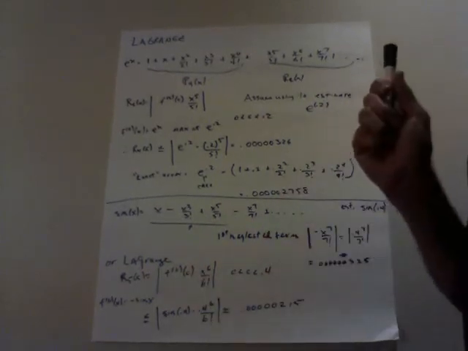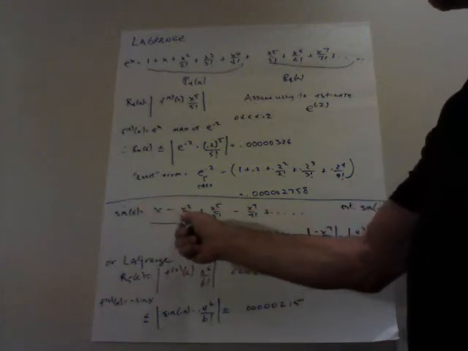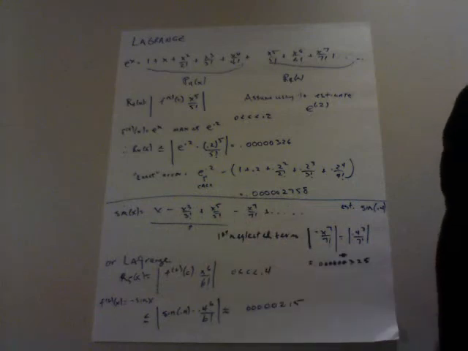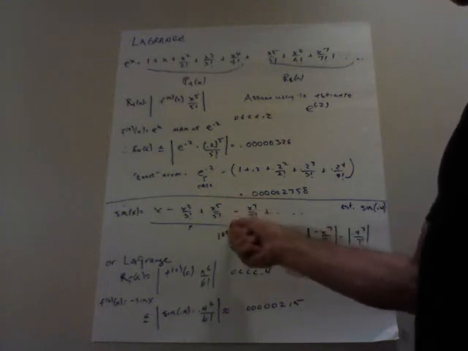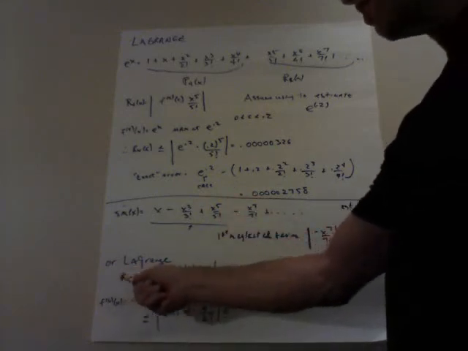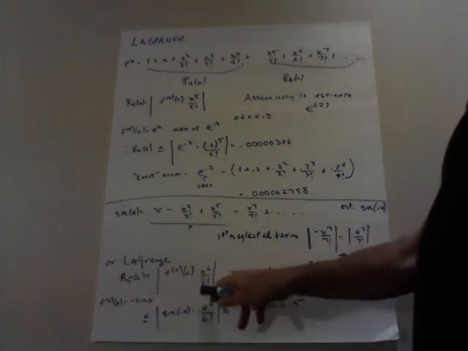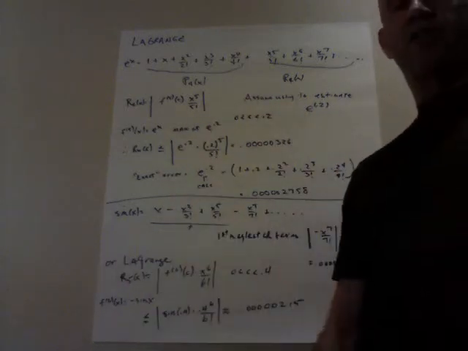Now, can you see with this, I could have said, well, what is R6 of x? Because if I go out to the sixth derivative, that's going to be this term right here, which is 0. So I could have said R6 of x is the seventh derivative at c times x to the seventh over 7 factorial, and got an even lower bound. Don't get stressed about that.